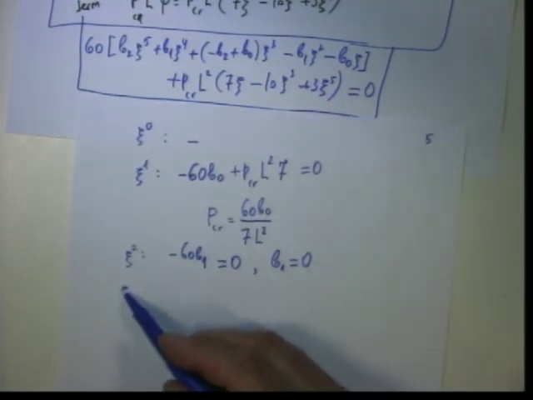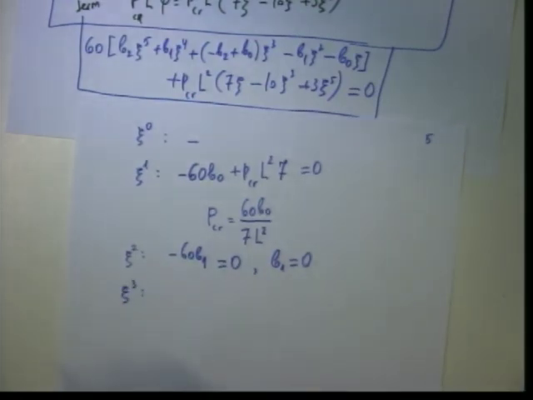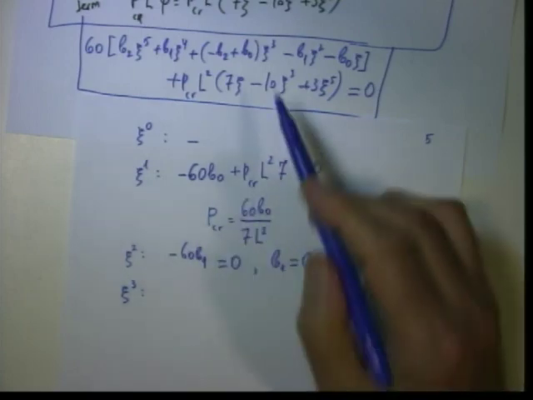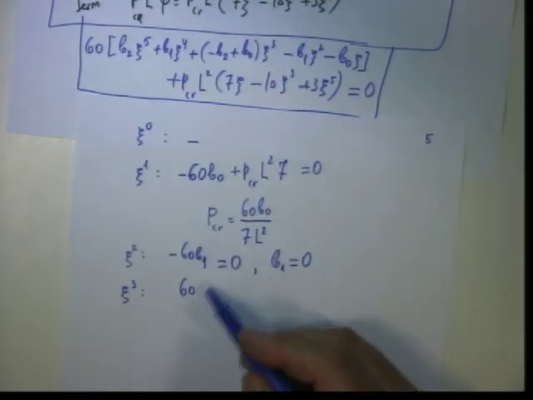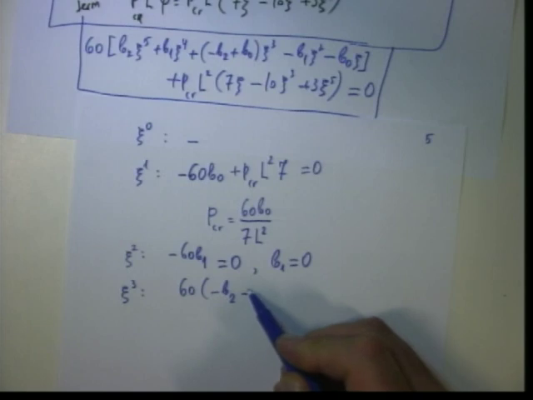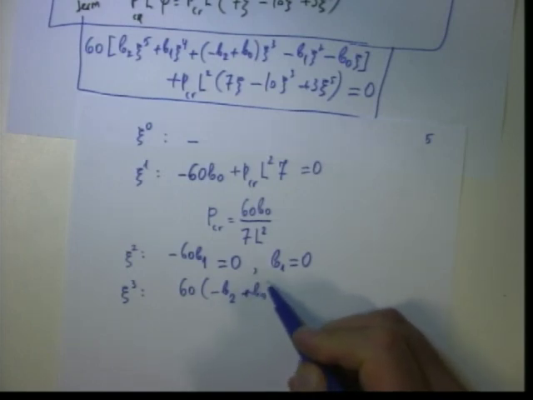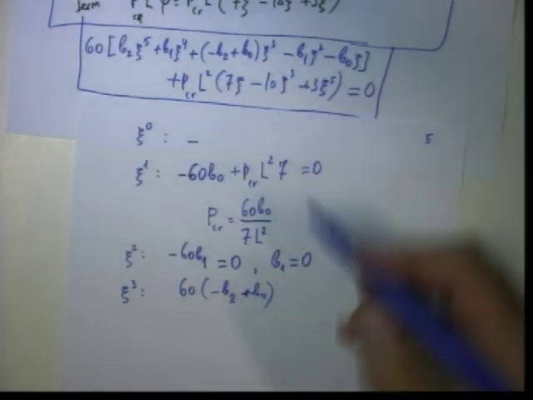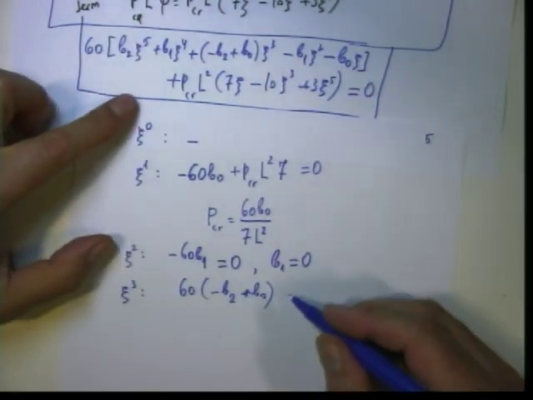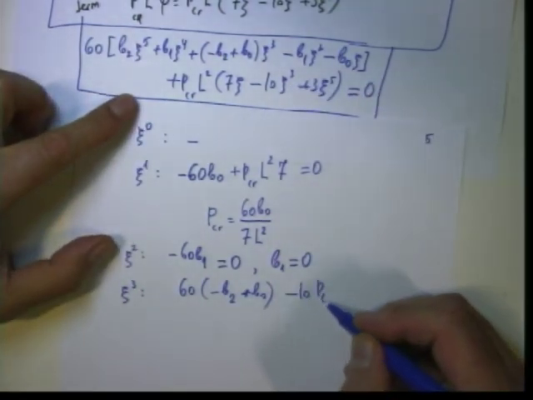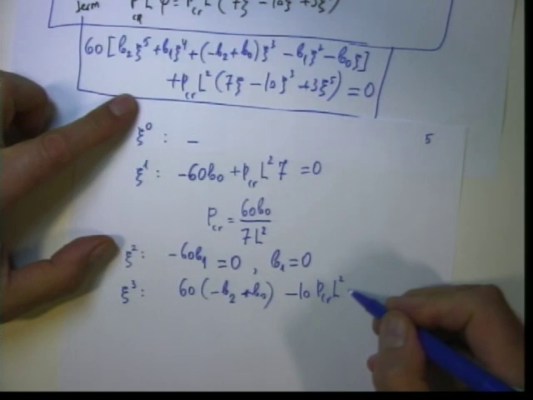Now psi cube. Psi cube will be like this. 60 minus B2 plus B0, and there is here minus 10 P critical L square.